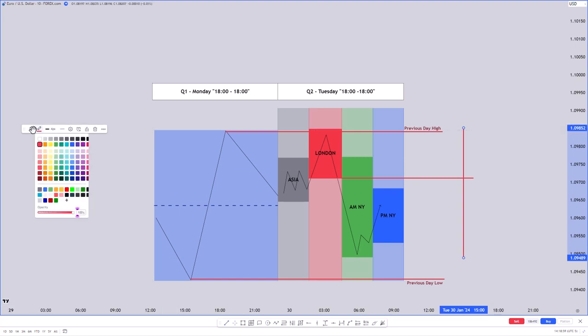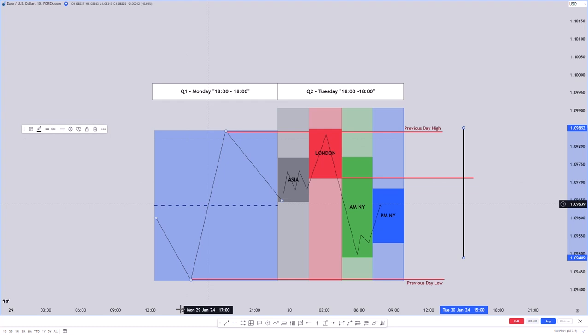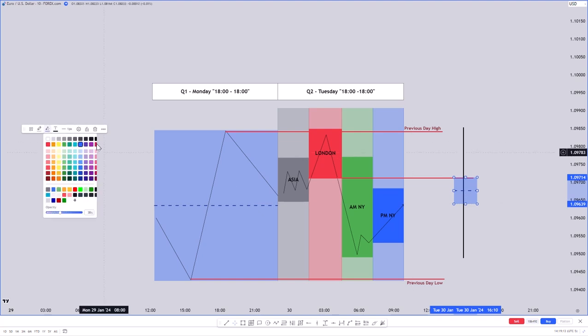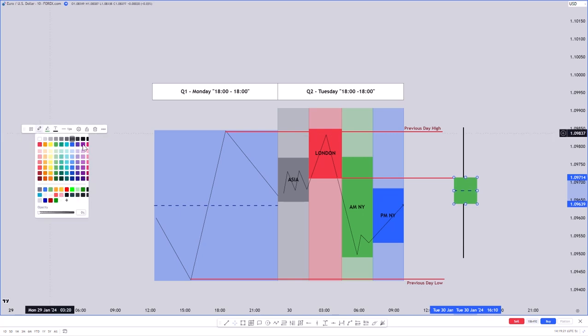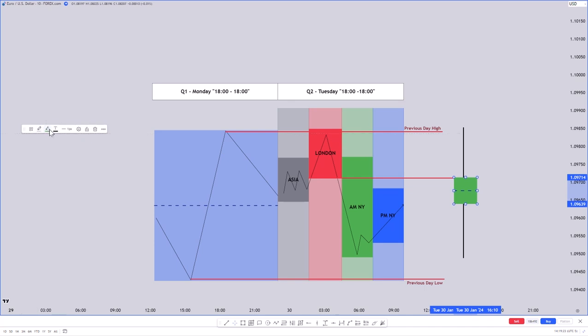Then we can make this look like this, right? And then we can remove this. The high, the low: London forms the high of the day, New York forms the low of the day, right?